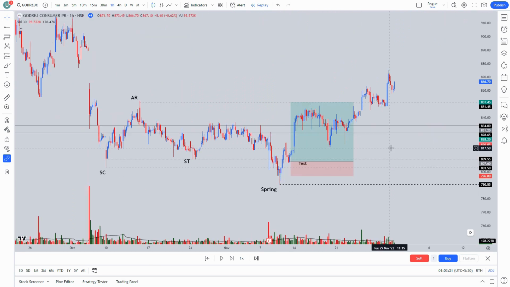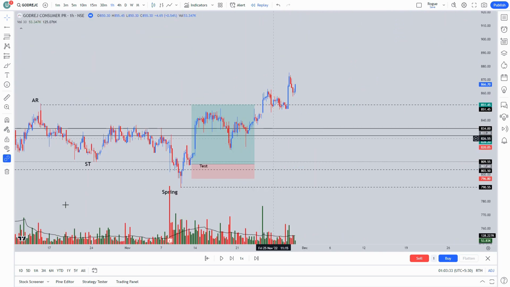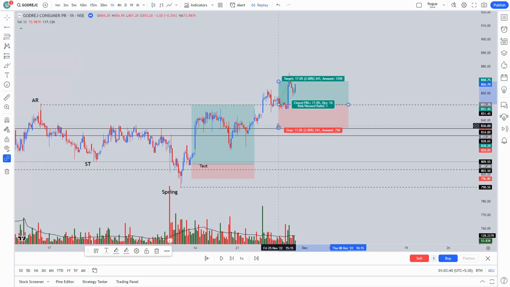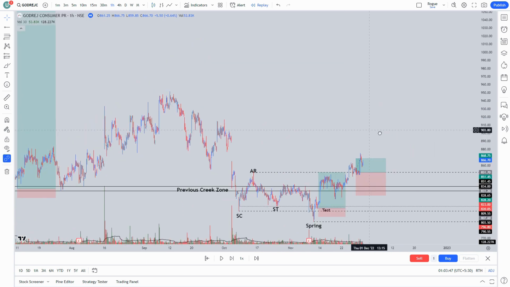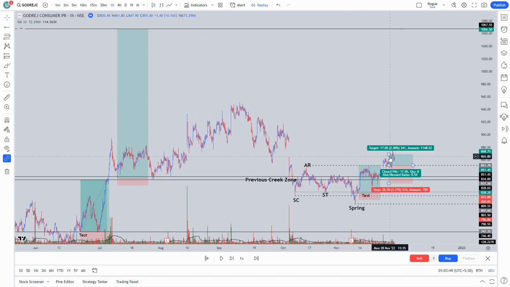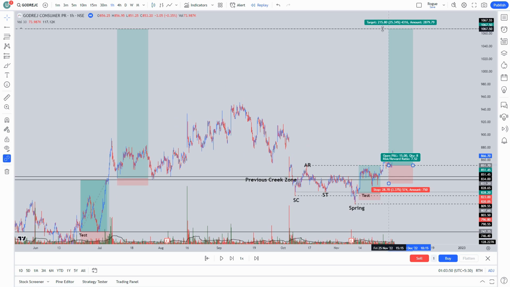The second, you can add more positions if you want. This can be included in your trade management, right? How much quantity, how much stop loss you want to add. So I'm adding more positions right here.